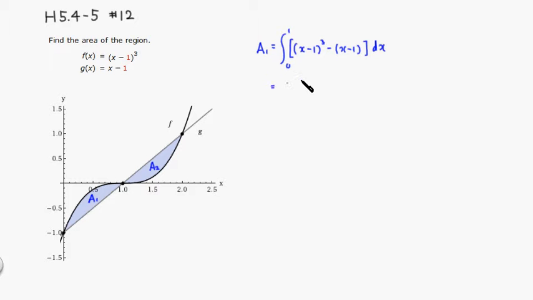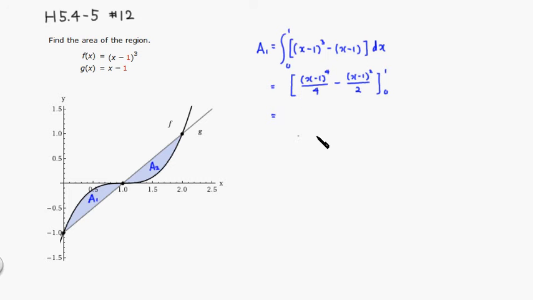Find the antiderivative of, say, the quantity x minus 1 cubed, which would be x minus 1 to the 4th over 4, minus the quantity x minus 1 squared over 2, and then you need to go from 0 to 1. If you plug in 1, that's 0, and that's 0.